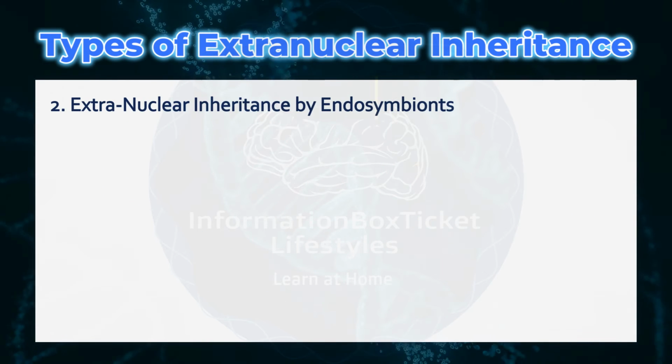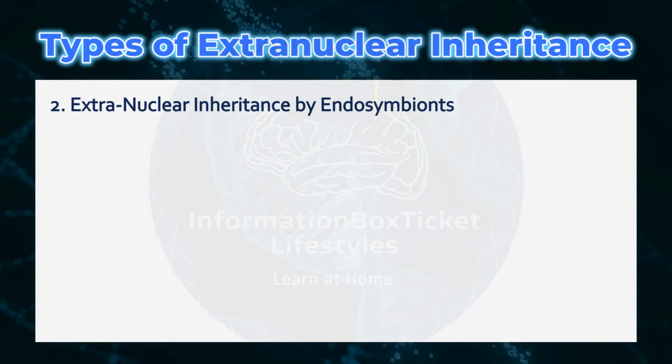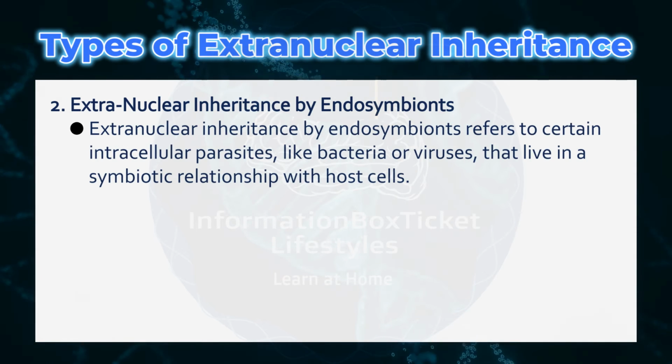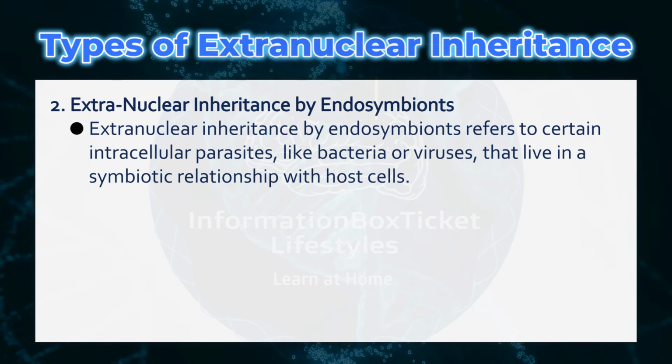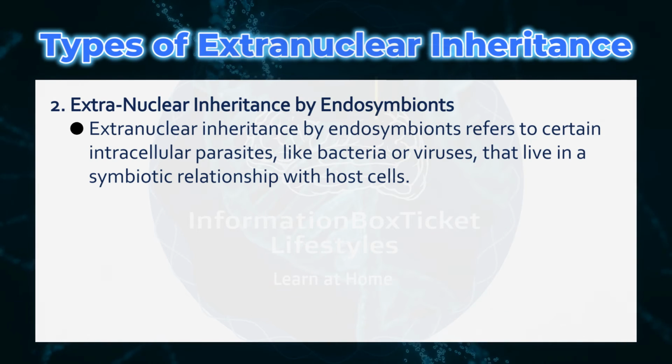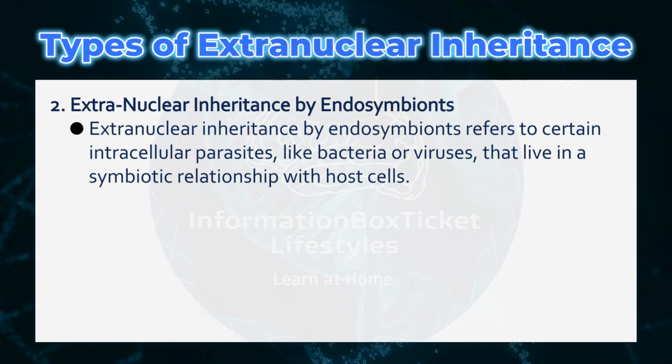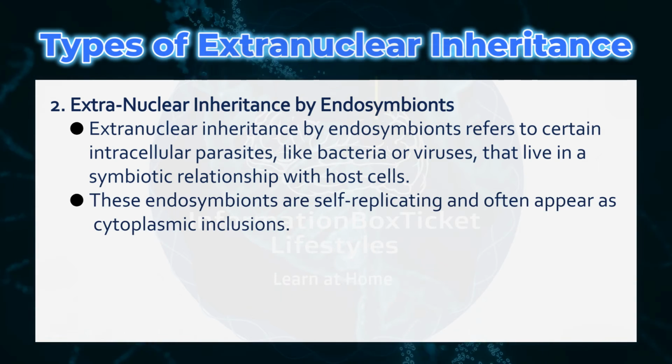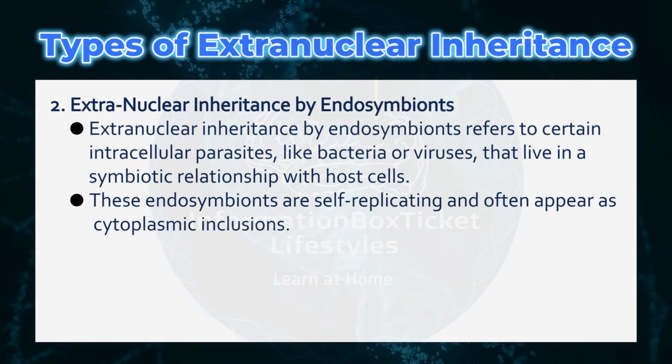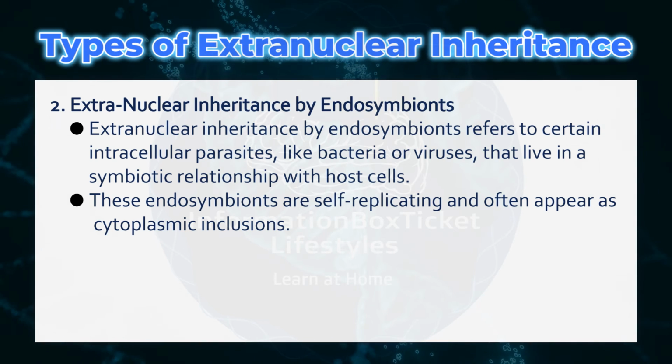Number 2. Extranuclear inheritance by endosymbionts. Extranuclear inheritance by endosymbionts refers to certain intracellular parasites, like bacteria or viruses, that live in a symbiotic relationship with host cells. These endosymbionts are self-replicating and often appear as cytoplasmic inclusions.